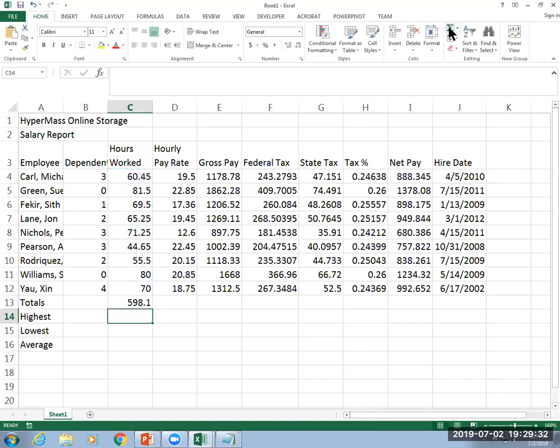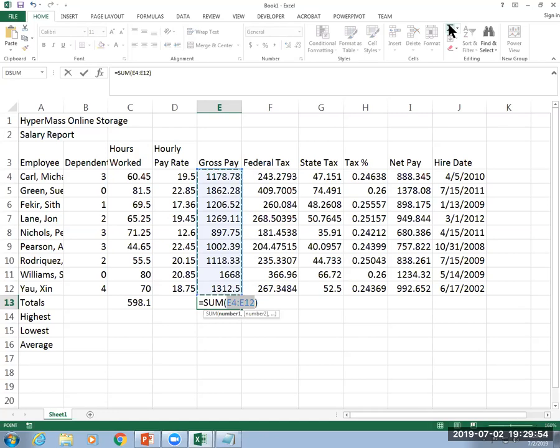And it's going to get that there are 598.1 hours total worked. And if I go into gross pay and I wanted to get the auto sum on the gross pay, I could get the auto sum on the gross pay.